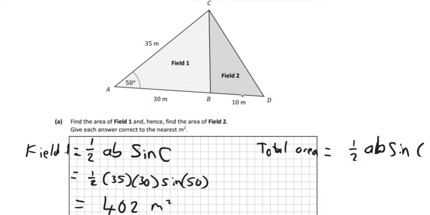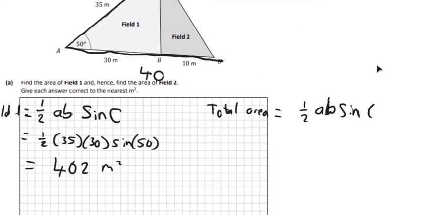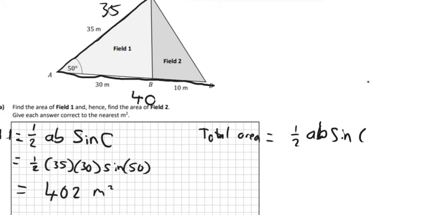The entire length of the bottom will be 30 plus 10, so that's 40. The length of this side is 35, that's already given to us. I'm just going to do the same thing, and the angle is the same as well. It's just that the length of the bottom will be longer.